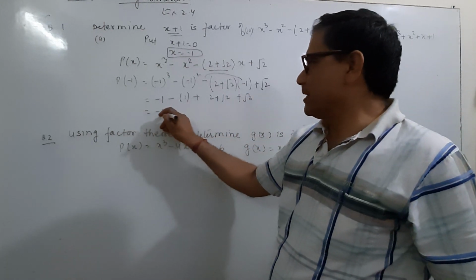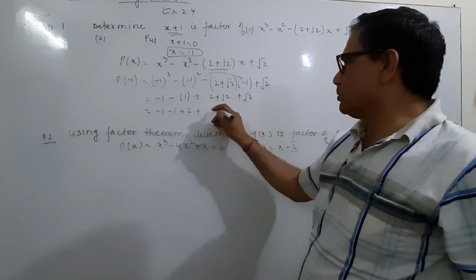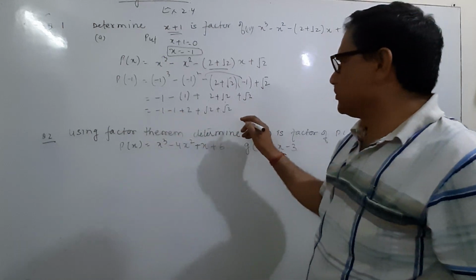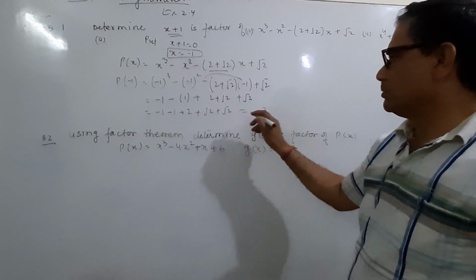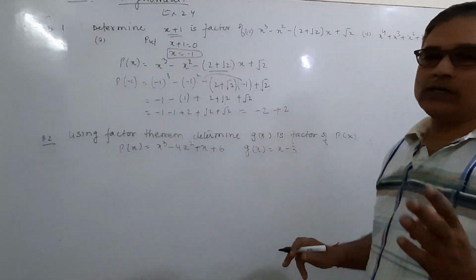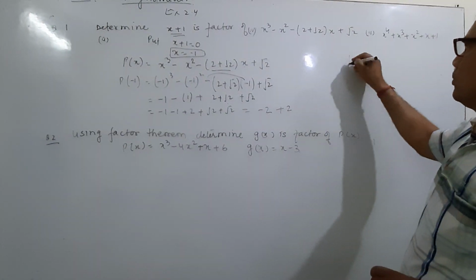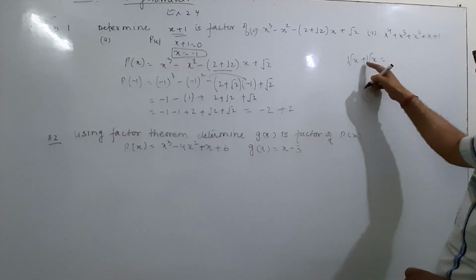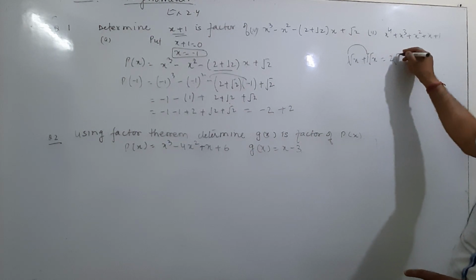Here is minus 1 plus 2 plus root 2 plus root 2. Minus 1 plus 2 is equal to... here is minus 2 plus 2, root 2 plus root 2. I think you have done this in a previous chapter. Root x plus root x: if they are added, then 1 plus 1, we add the coefficients, 2 root x.